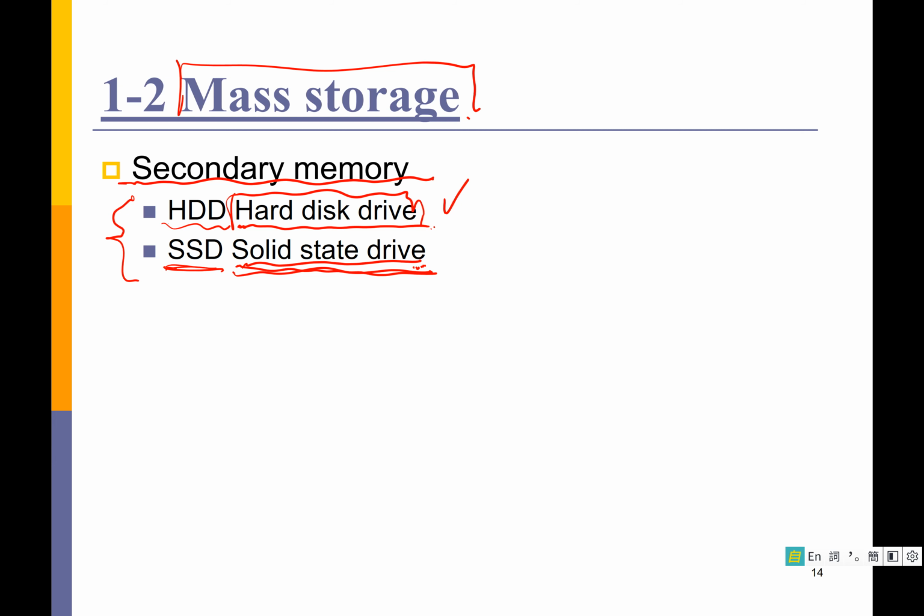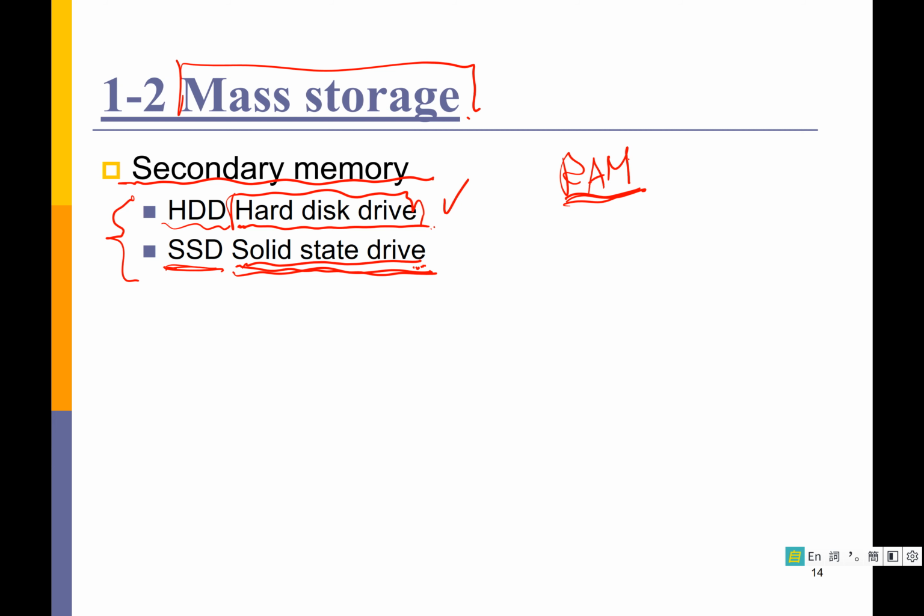But on the other hand, for random access memory, if you turn off your computer, the information in RAM is gone. It's lost.